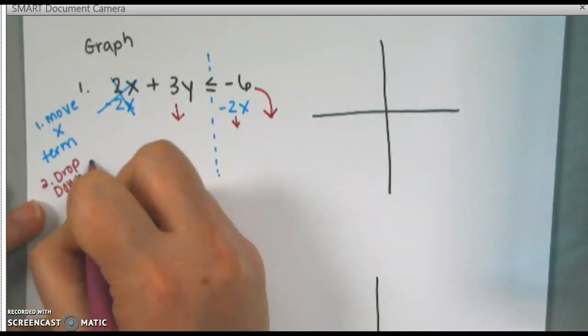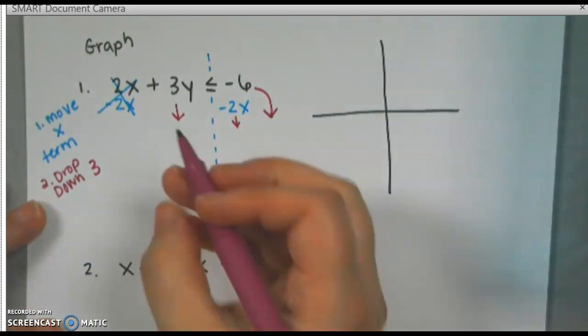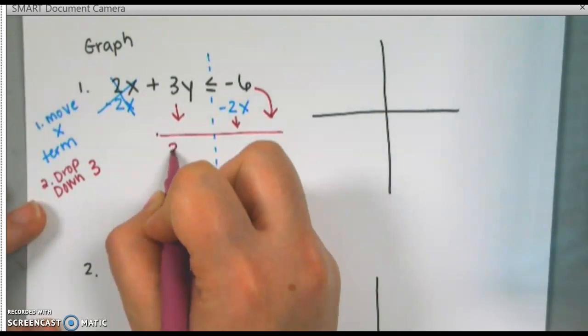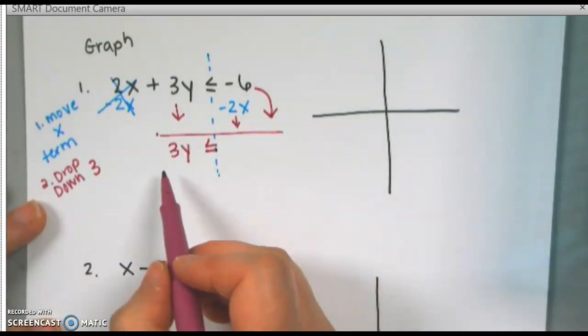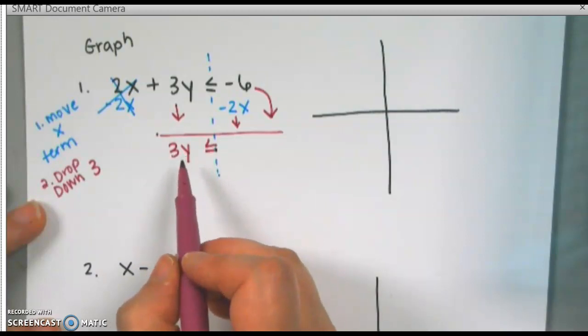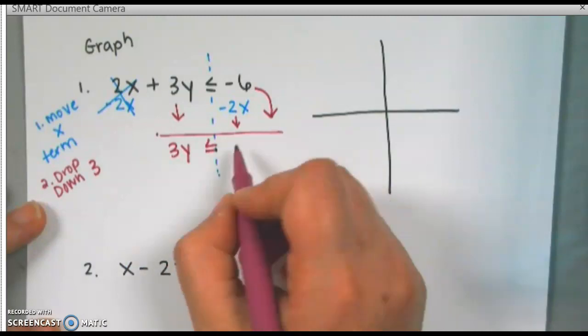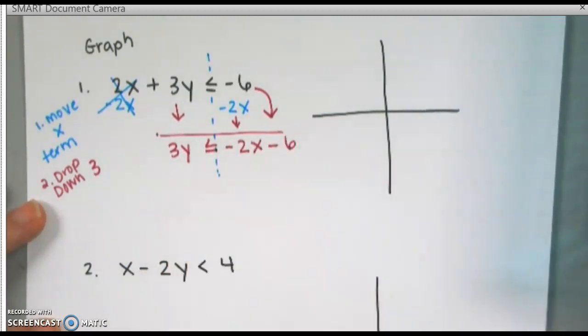I'm writing this drop down as a step, but it's technically not even a real step because I'm just dropping everything down. I'm not really moving or changing anything. Be very, very careful when you drop down this y. It's positive, so I'm good. This is now negative 2x, and because that said negative 6, it's minus 6.